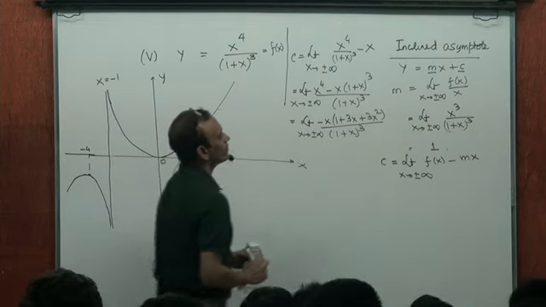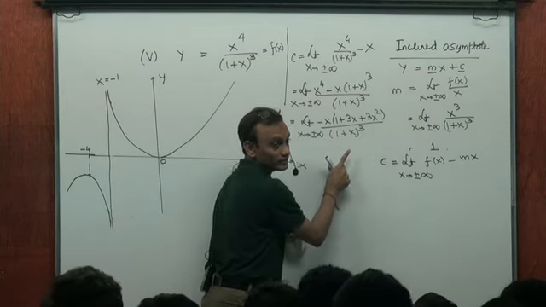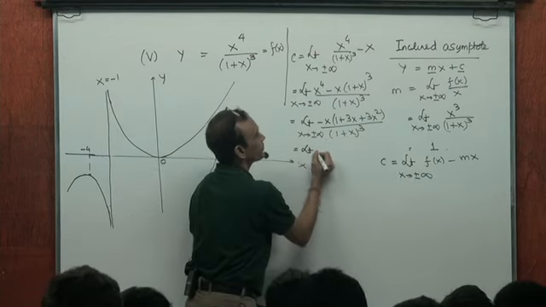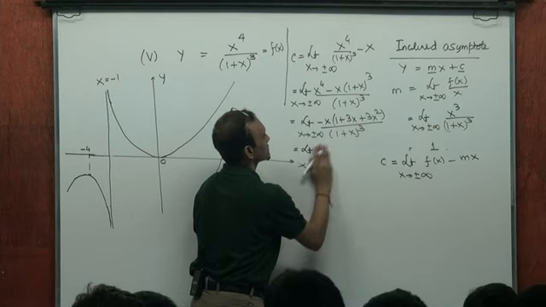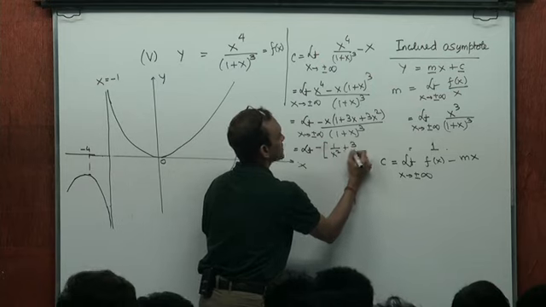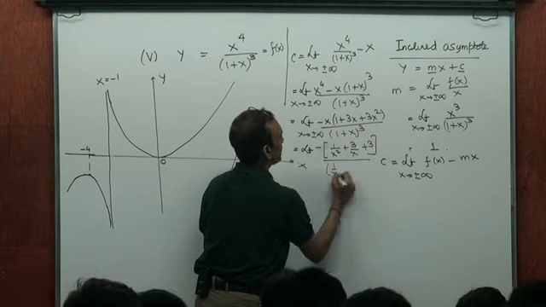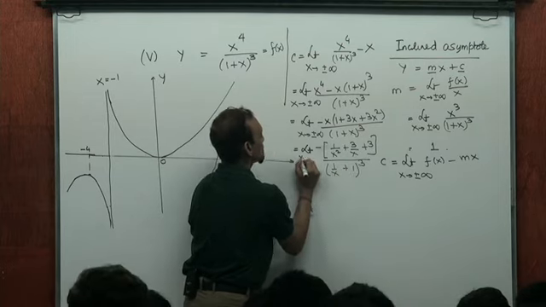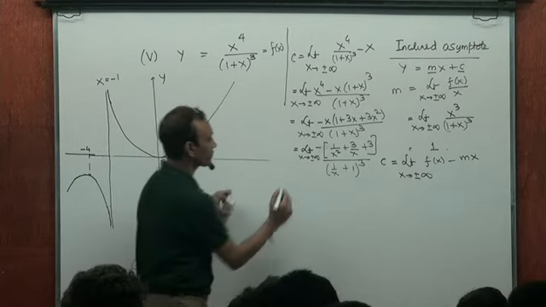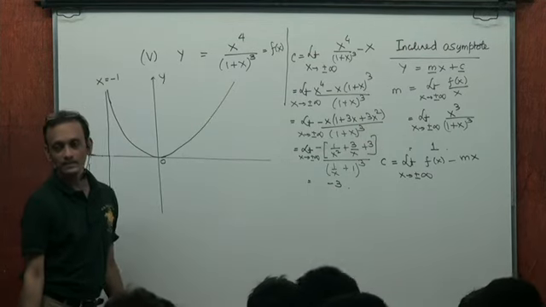Now, if you divide both numerator and denominator by x cubed, what would you get? Limit of minus of (1 by x² plus 3 by x plus 3) divided by (1 by x plus 1) whole cubed, as x tends to plus or minus infinity, which is minus 3.